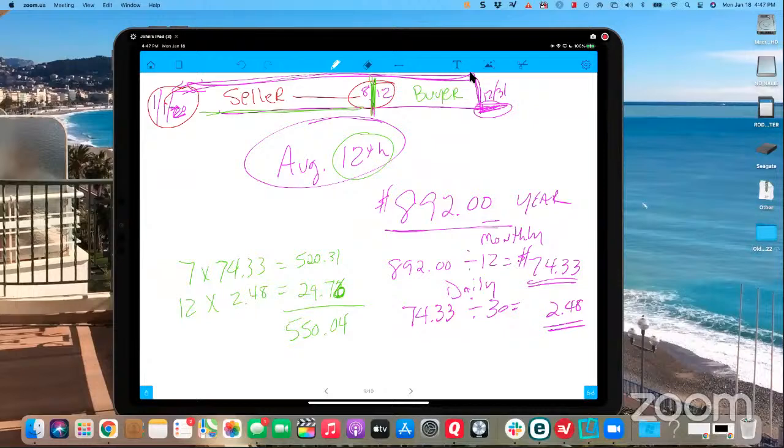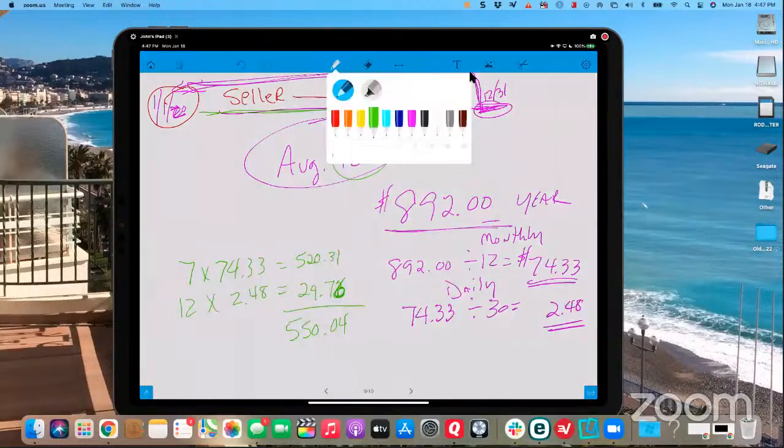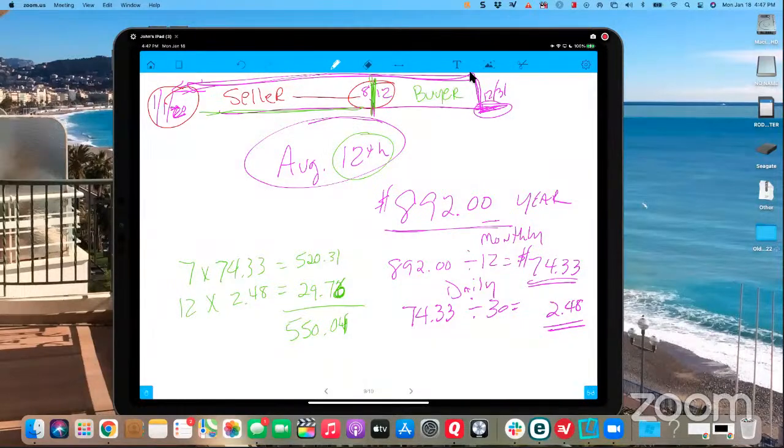Well, if we're within a few pennies, we're going to be okay. So I'm just going to add 3 cents there. 29.76 plus 520.31 is 550.07.